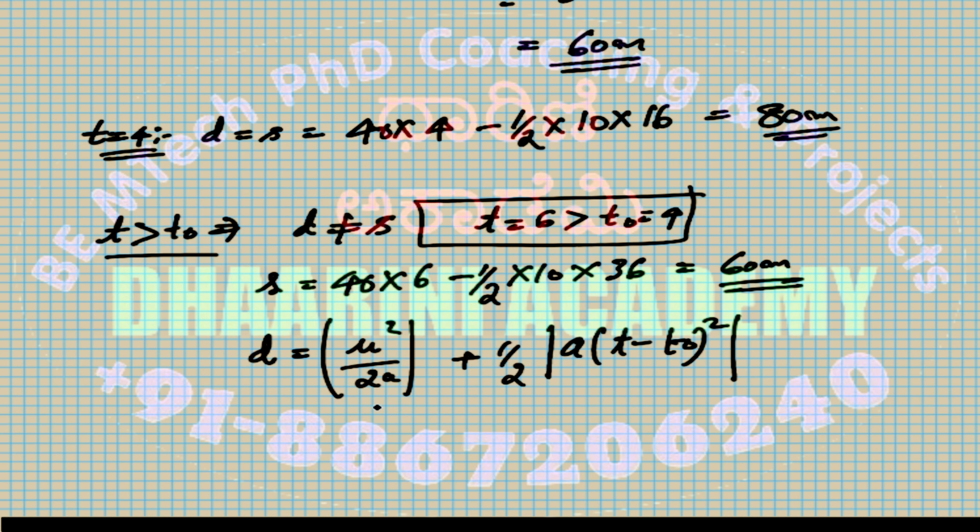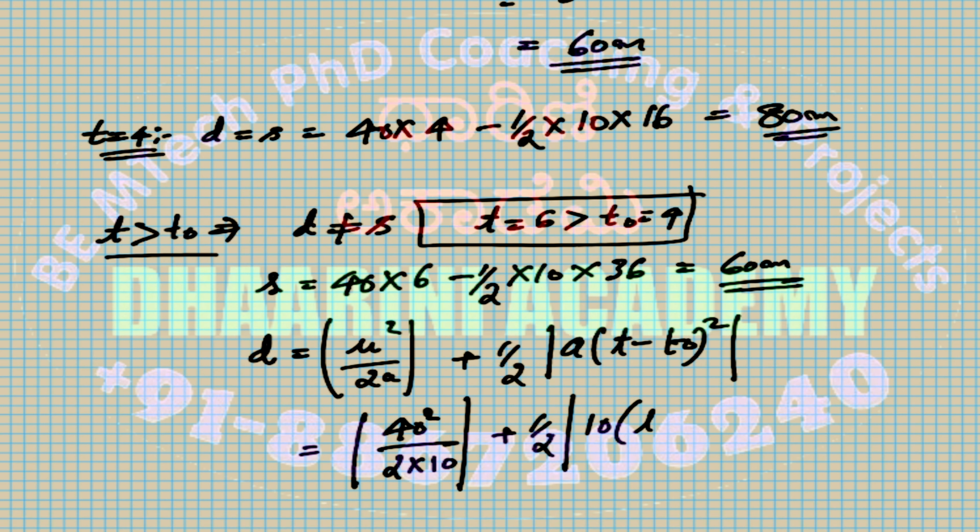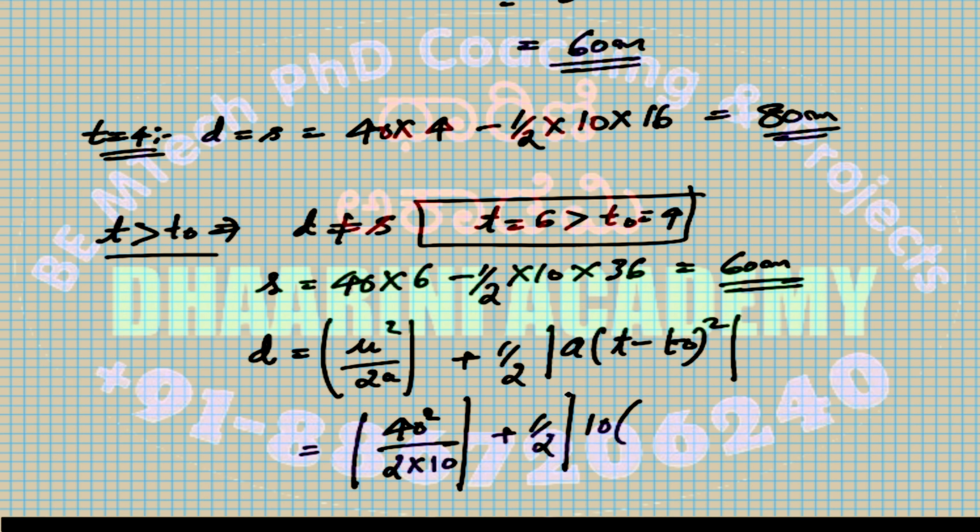So this is magnitude of u, 40 square, by 2 into minus 10, which becomes simply plus 10, plus half magnitude of a, which is minus 10 becoming plus 10, into the current time t equal to 6 seconds minus t naught, which is 4 seconds, the whole square.